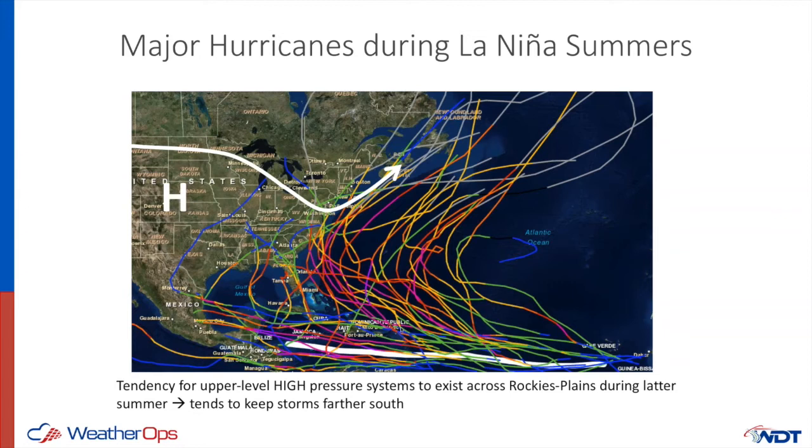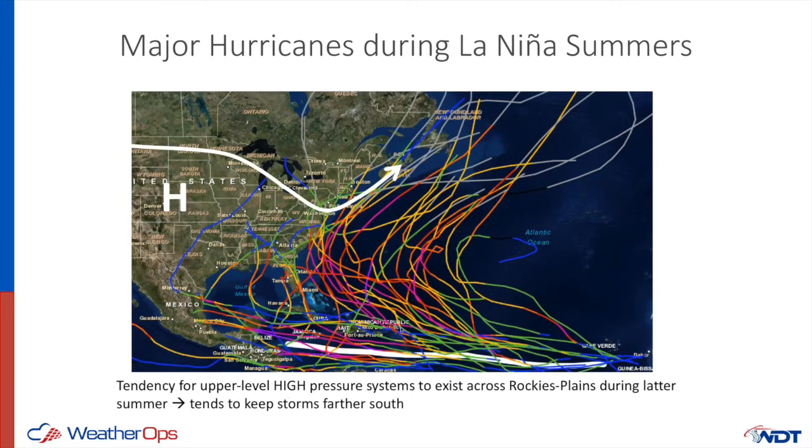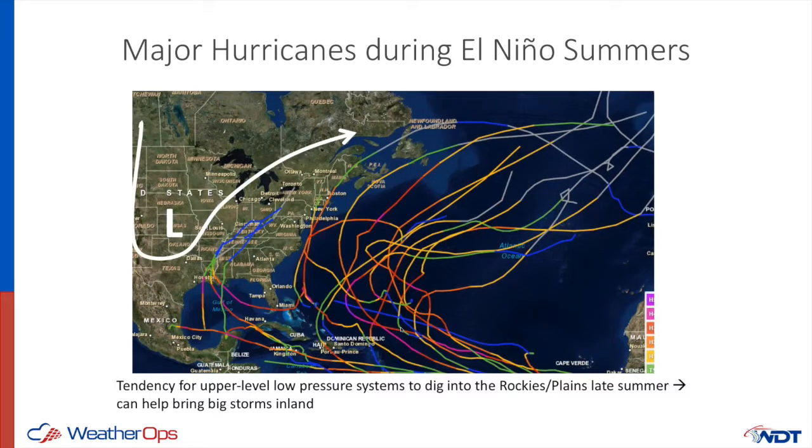There are some apparent variances in the tracks, but that's really pretty much noise, especially given the limited number of samples in the El Nino summers. The key takeaway is that we are trending to La Nina this summer, and if atmospheric behaviors become more consistent with that, that would be a favorable factor, at least for numbers.